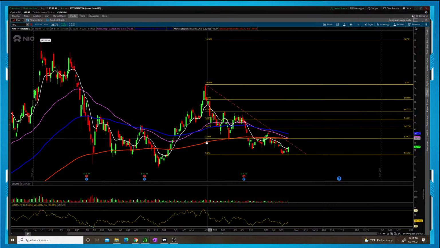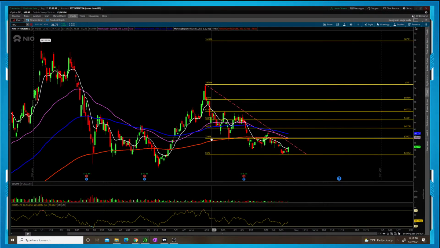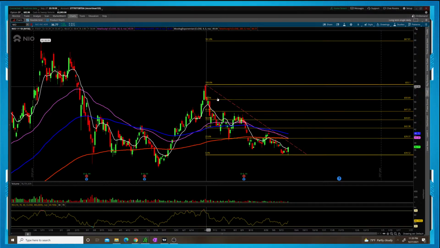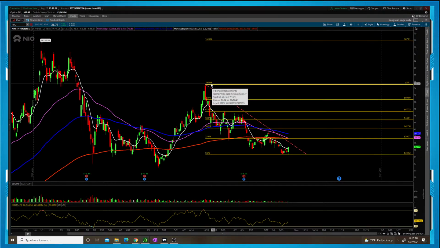Fibonacci is just specific percentage increments of a high and a low. Y'all saw me draw this from this high to this low, right? So this is a 23% retracement from this level, and 100% retracement would be back at the high, correct?